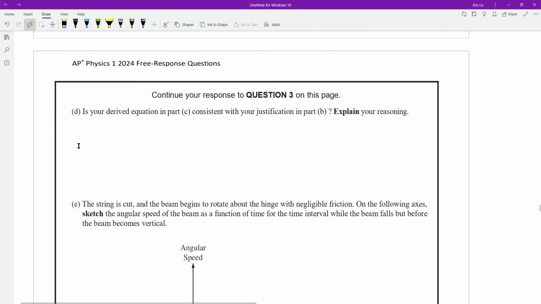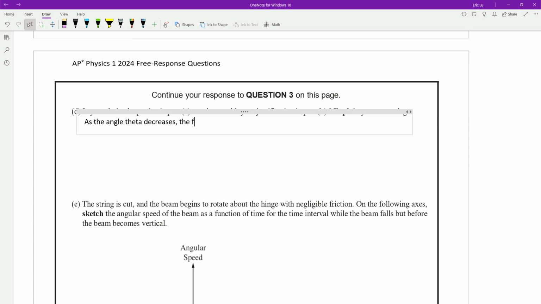So you could just write that as the angle theta decreases, sine theta decreases, and from my formula, sine theta is inversely proportional to the force of the tension in the string.